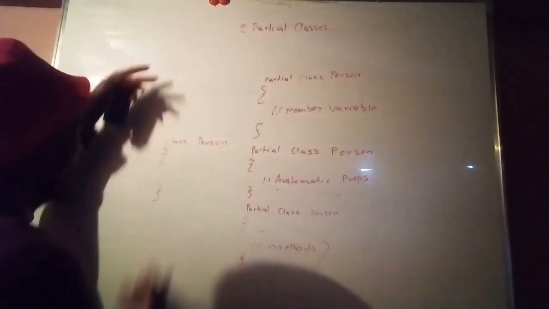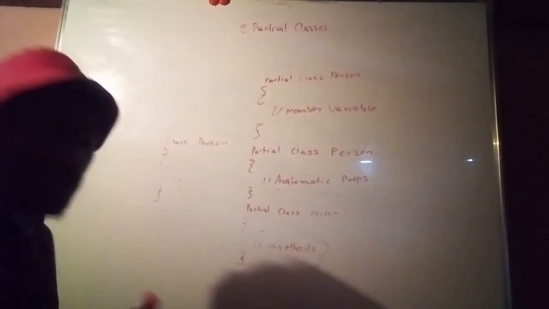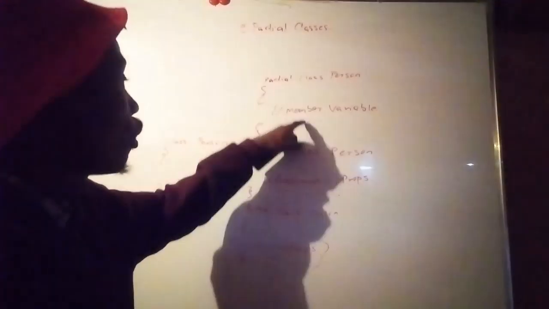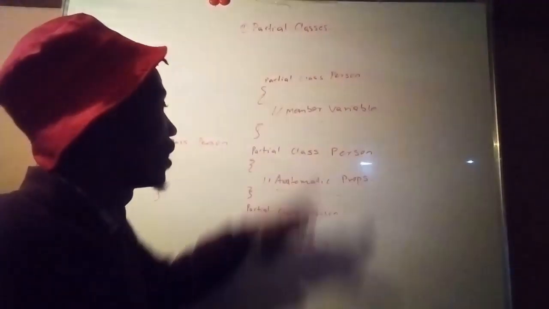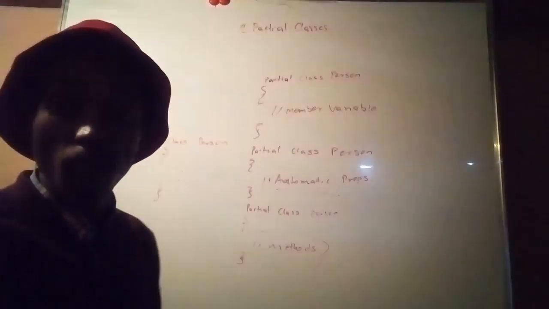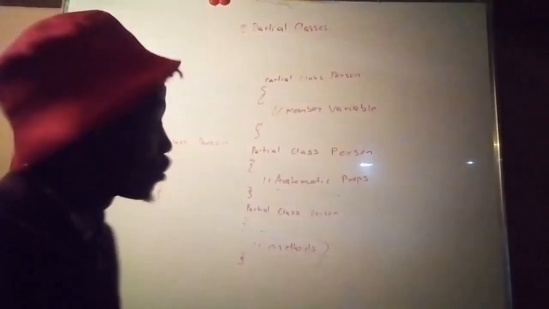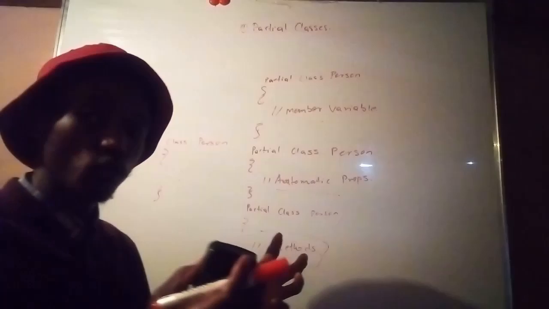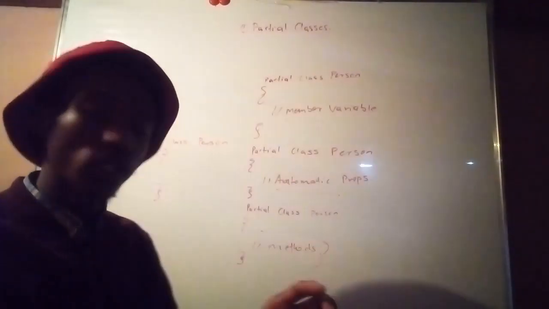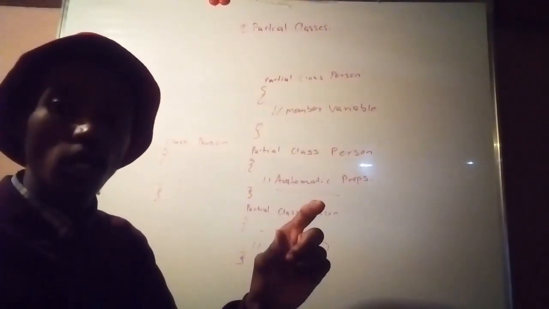So now you have one big Person class with all the members that you have defined in these parts of your class. Basically this just helps you manage your code as it comes in smaller pieces.